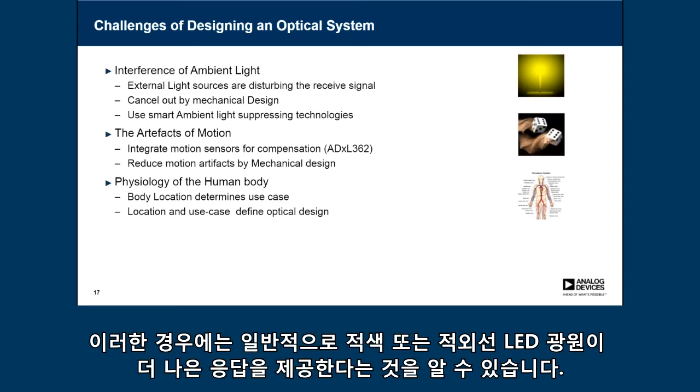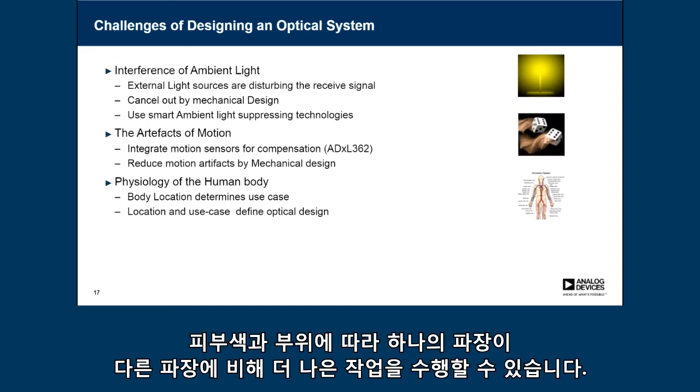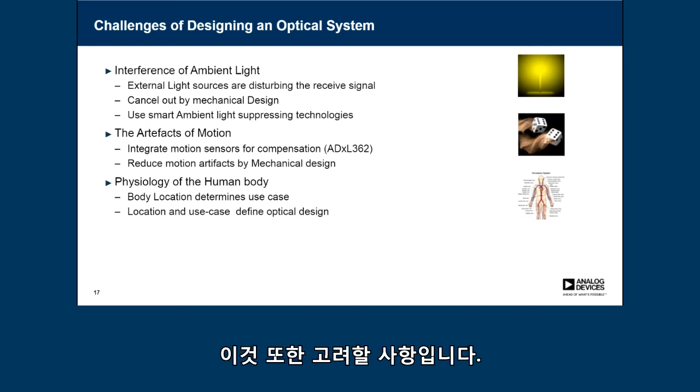So we see in those kinds of use cases that usually red or infrared LED light will give you a better response. So depending on the color of the skin, but also the position, it might be that one wavelength will do a better job compared to the other one. That's what you also need to take into consideration.